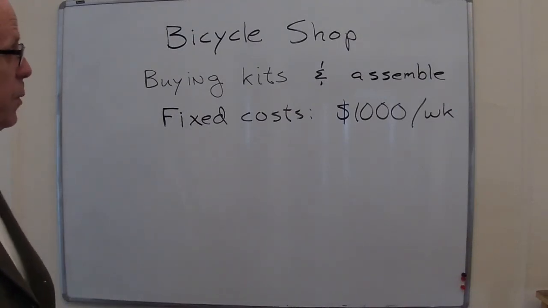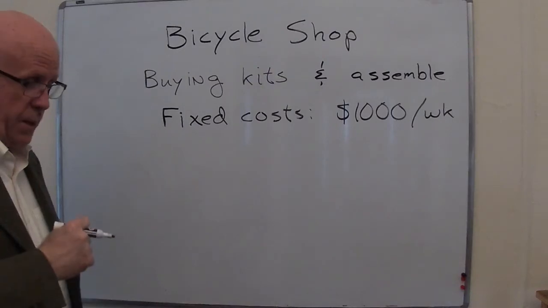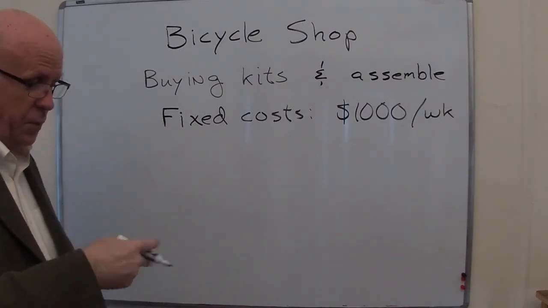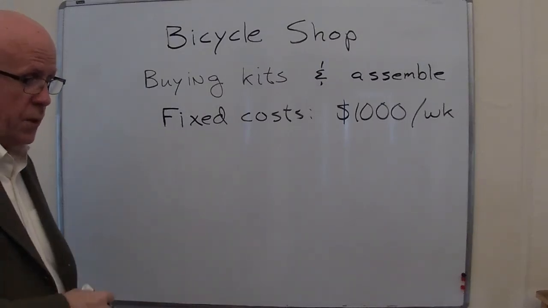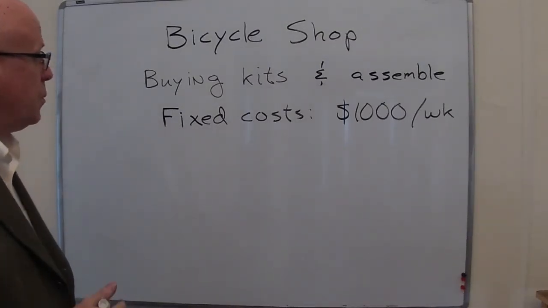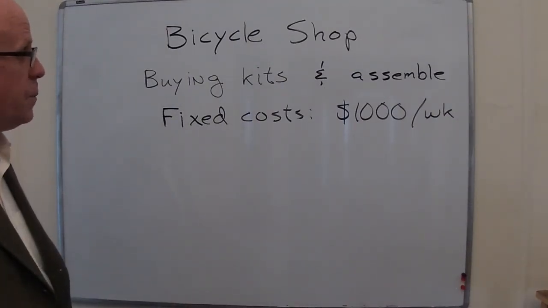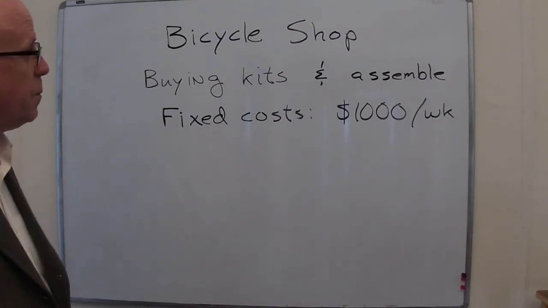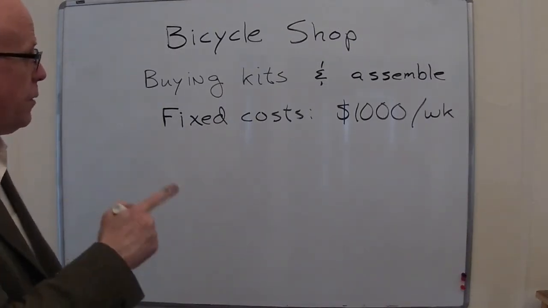Even if you don't put the workers to work in a particular week, you still have to pay them. If you're not going to be doing any production for a month or more at a time, you lay them off and they go get unemployment. But let's just assume we're not in dire straits and that they can continue to be paid even if they don't need to be producing much. So that's your fixed cost.